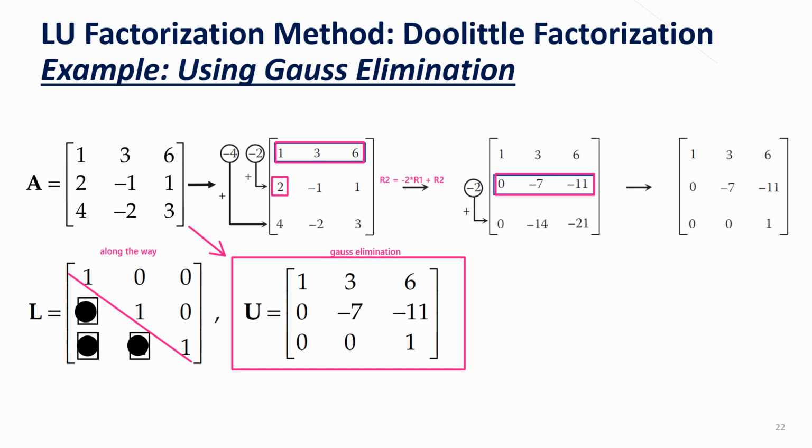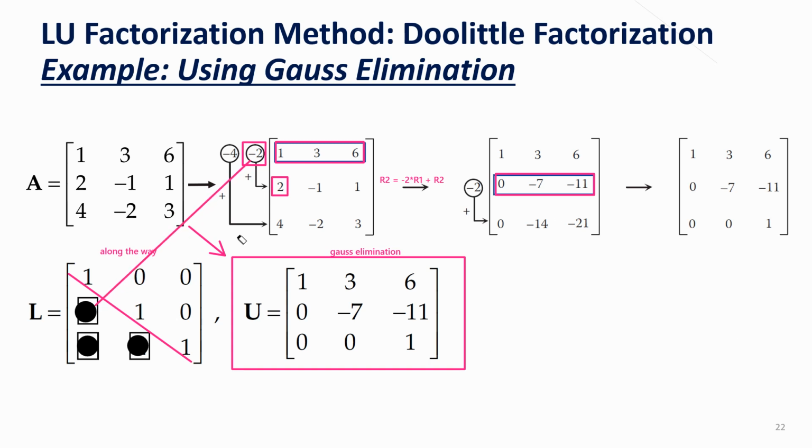Now you can see the connection between the L and U matrix. When you use the multiplication by -2 here, you're actually going to use this -2 in the L value here.